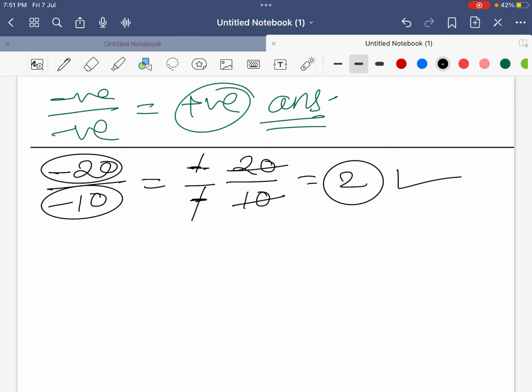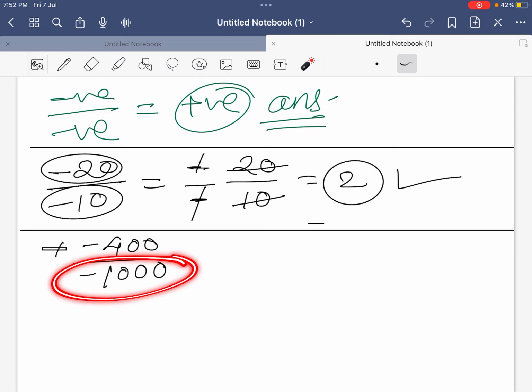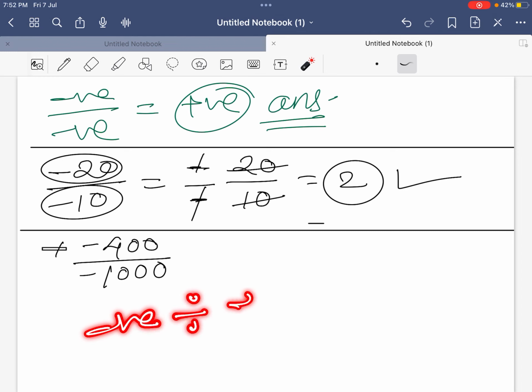Just similarly, draw another example: minus 400 divided by minus 1000. In this case, if you observe, the numerator is negative and the denominator is also negative, means the situation is negative term divided by negative term, so the answer is a positive term.